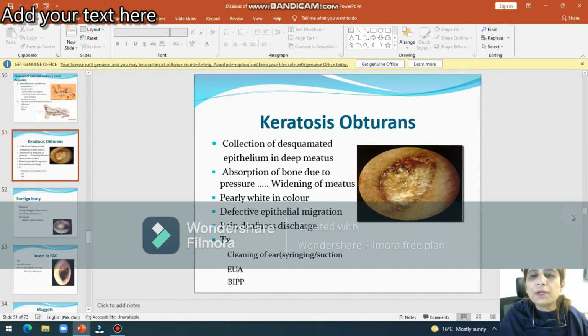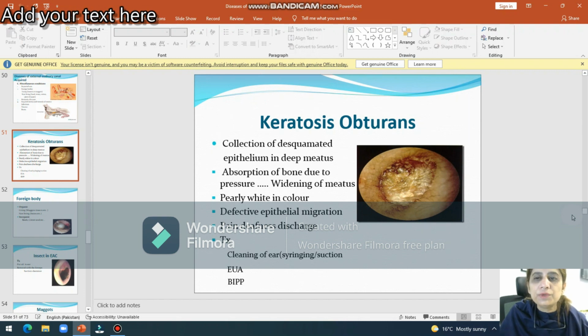Due to the presence of keratin, it will cause inflammation of the deep external auditory canal and formation of granulation tissue, and can also cause absorption of the bone, and the deep meatus becomes white.